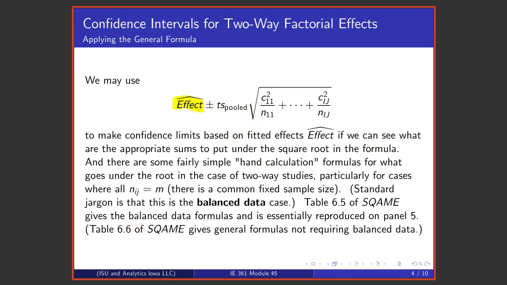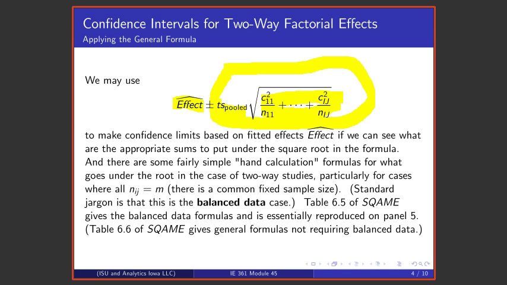What that boils down to is that one has fitted effects from Module 44 and margins of error. Margins of error being t-values times pooled s times the square root of a sum of squared coefficients over sample sizes.